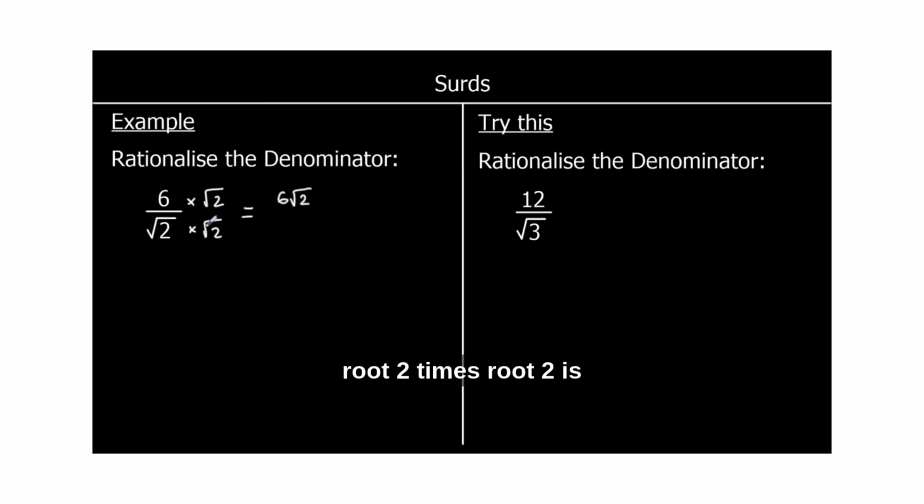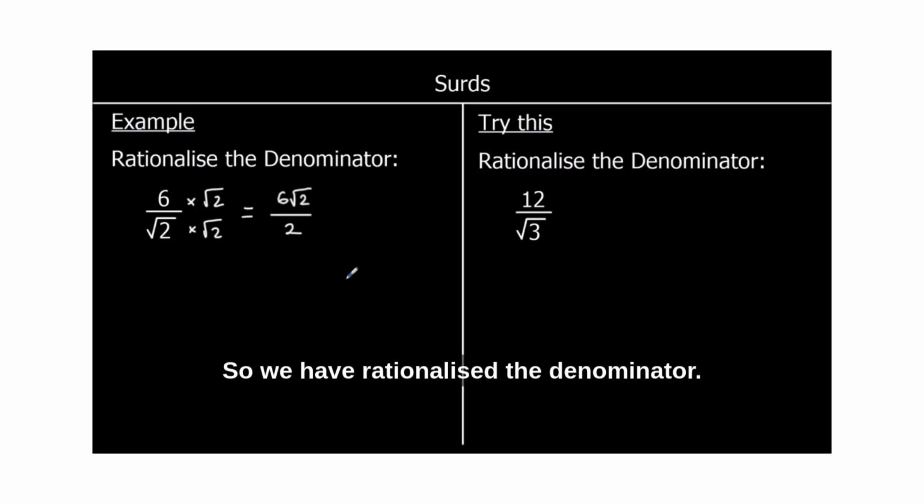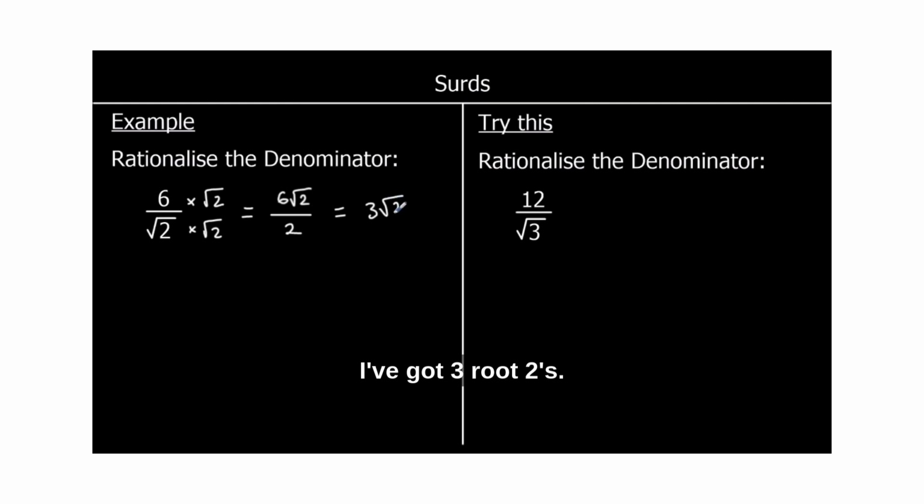And root 2 times root 2 is 2. So we have rationalised the denominator. The denominator is now a rational number. But I can simplify this further. If I've got 6 root 2's and I divide it by 2, I've got 3 root 2's. So there's a simplified answer.